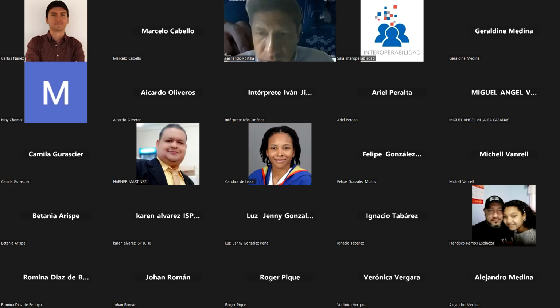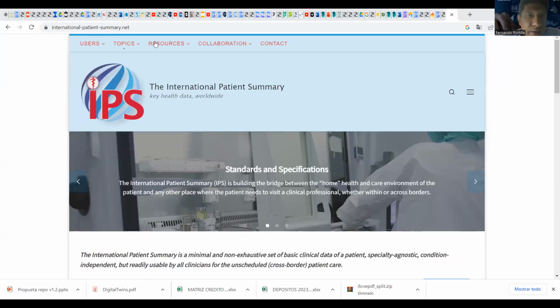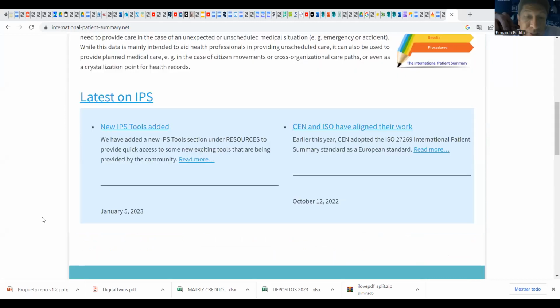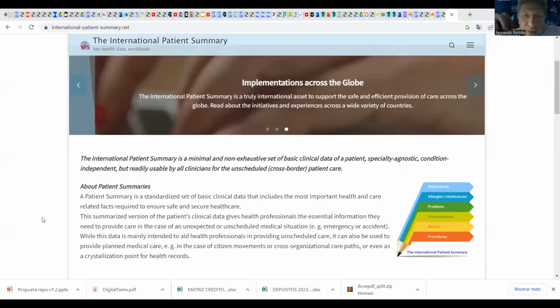What they're actually doing. Some experiences then. And the interesting thing is that we can see that we're talking about the same thing: medications and allergies.